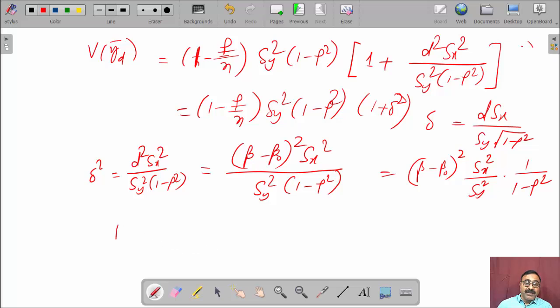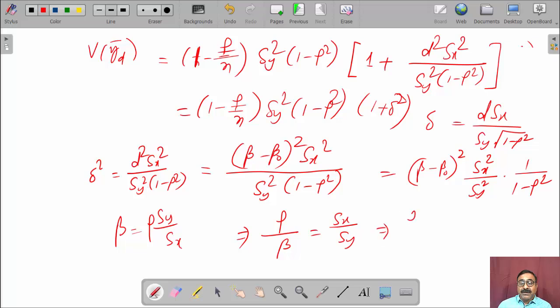So we have β equal to ρ sy by sx. So that implies ρ by β equal to sx by sy. So implies ρ² by β² equal to sx² by sy².